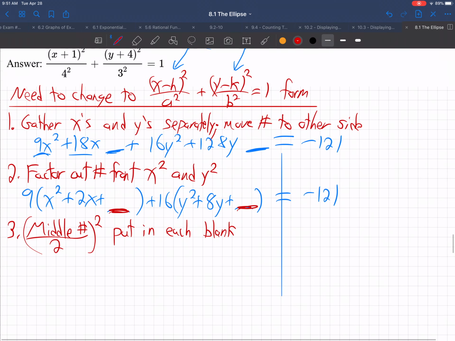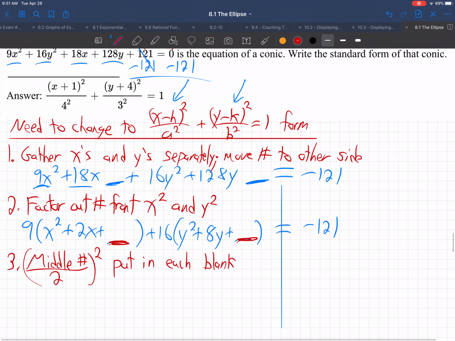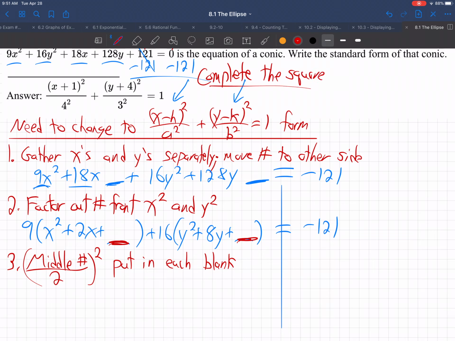What am I talking about? Middle number. This is how you make, it's called completing the square. Let me write that. Complete the square. We're trying to complete the square, meaning make it a 2 power. Square means 2 power.